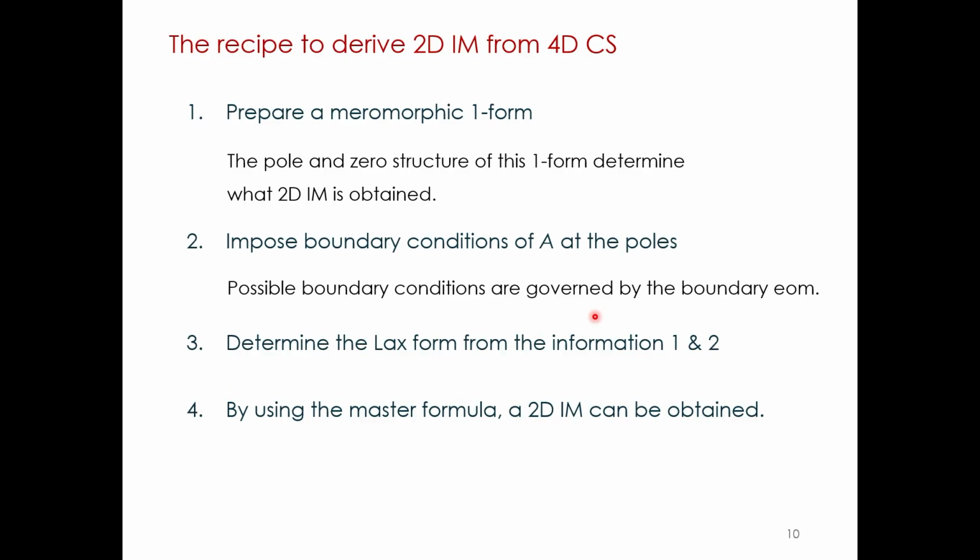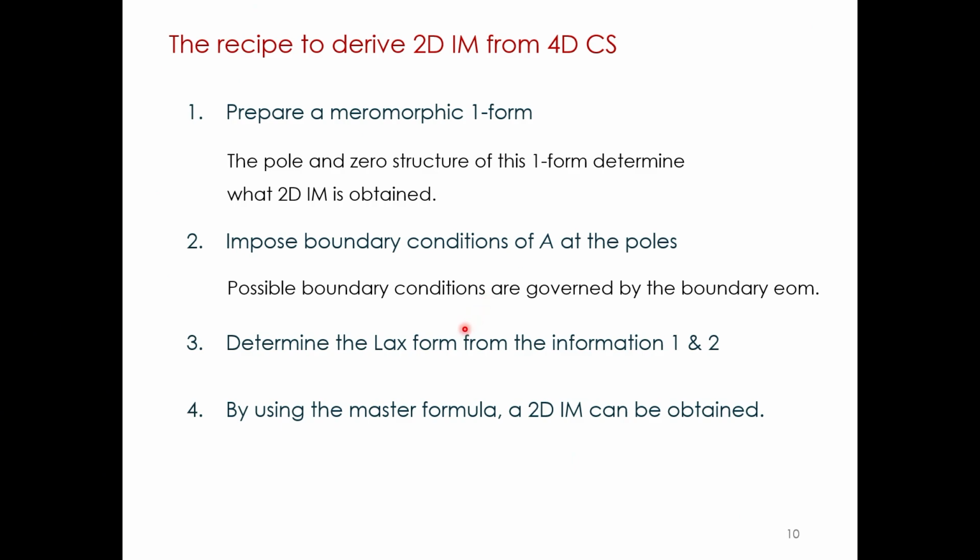And as more non-trivial examples, we can consider Yang-Baxter deformations. So the R operators should satisfy this boundary EOM, and that is nothing but the classical Yang-Baxter equation. This was pointed out by Benoit's work. Anyway, the boundary conditions are very sensitive to the boundary EOM.